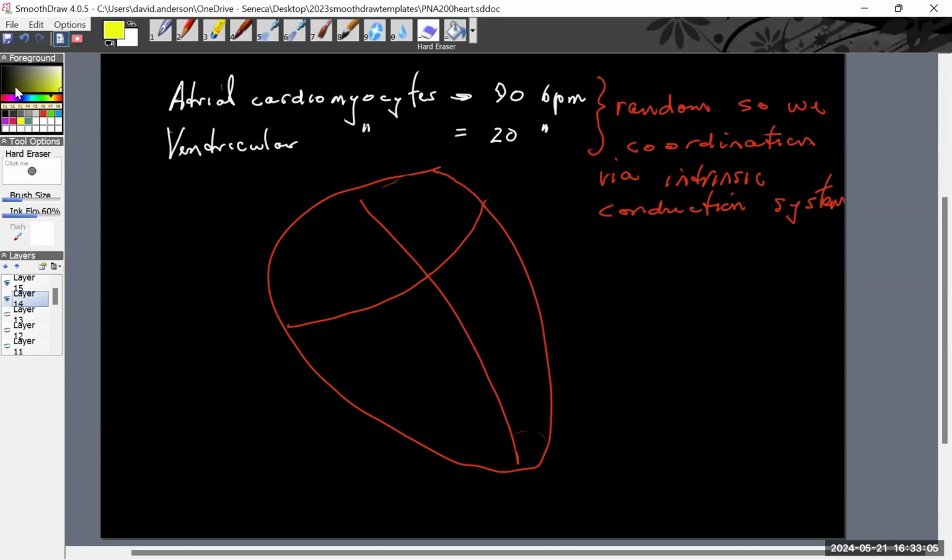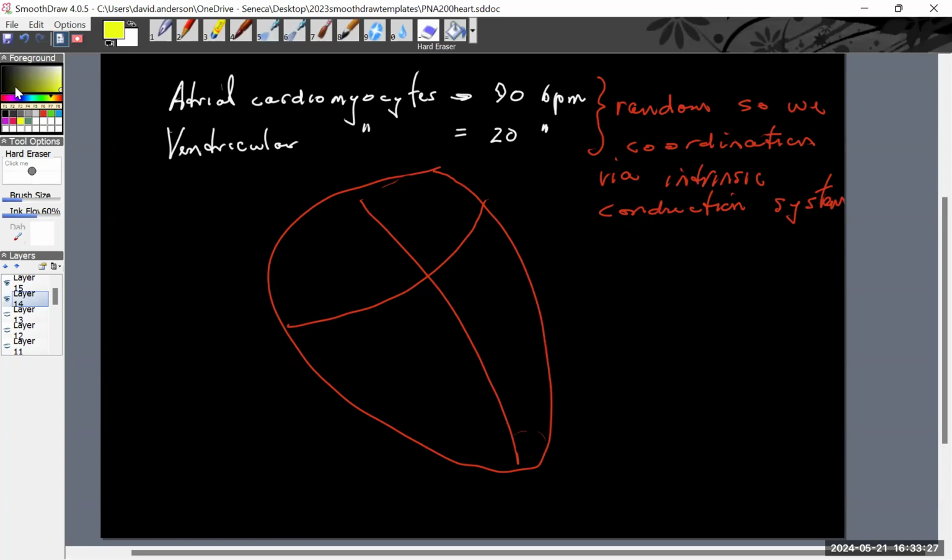So the conduction system is made up of components. Most of the cardiac muscle cells are contractile in nature, and that makes sense for what we understand about muscular tissue. It's contractile in nature. It's going to contract and cause tension. That's what muscle cells do. So the problem with cardiac muscles is they beat all by themselves.